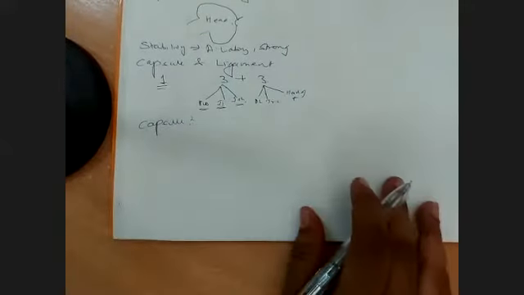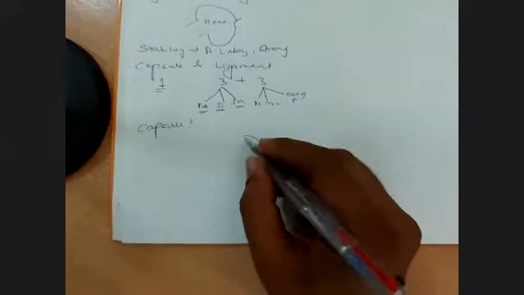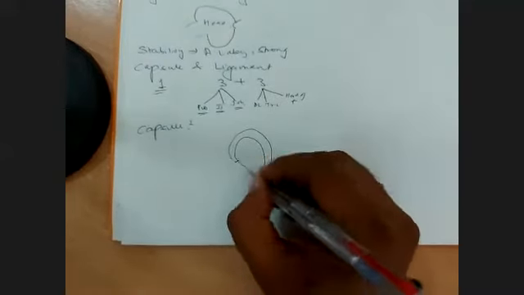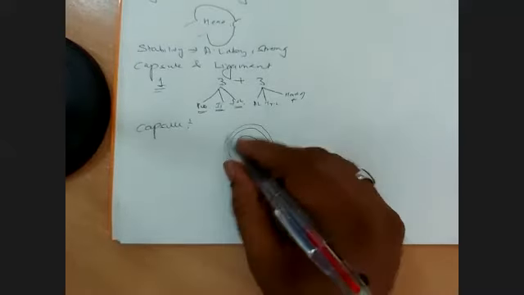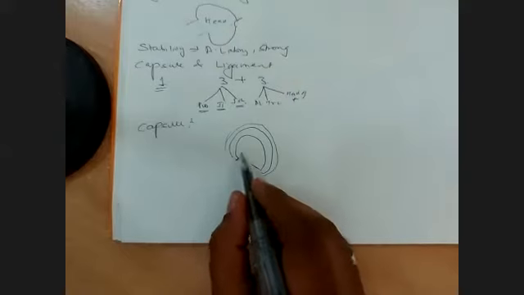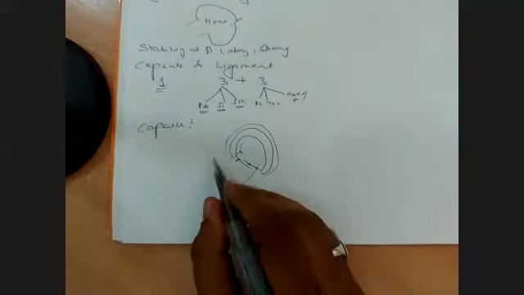Now let us talk about the capsule. The capsule is attached to the acetabular labrum and the transverse acetabular ligament. So on this side, it will be attached to the acetabular labrum and the transverse acetabular ligament. Okay, that's how the attachment of the capsule.